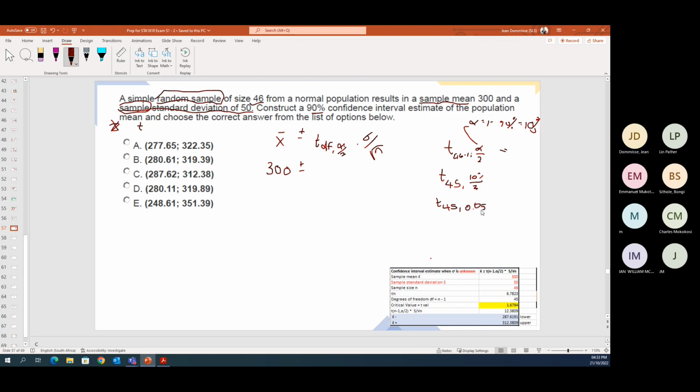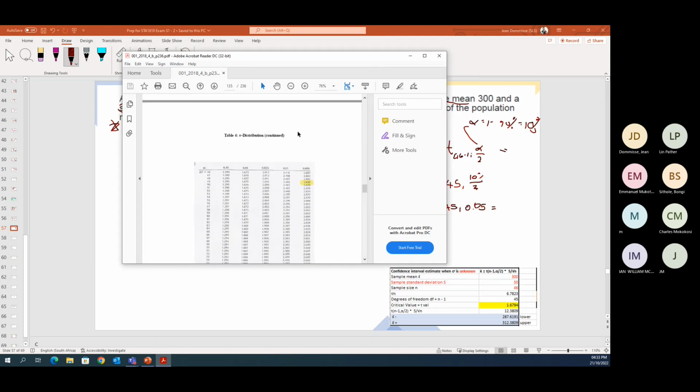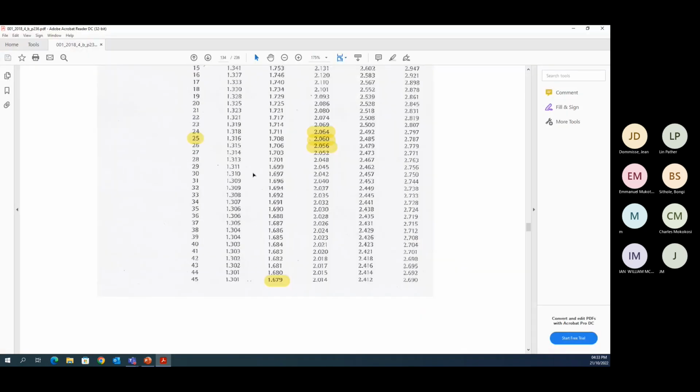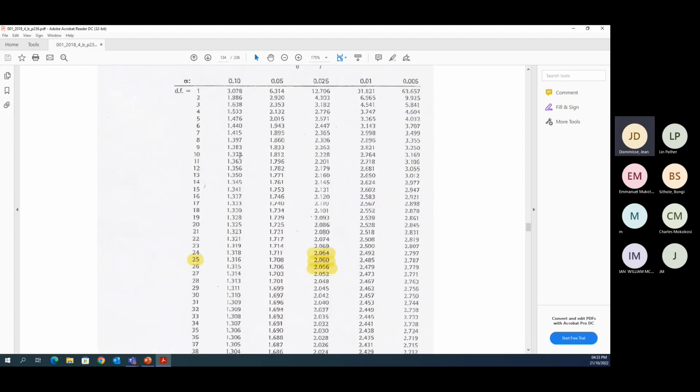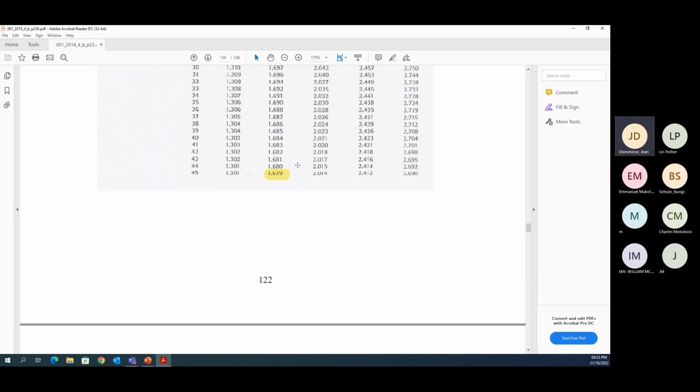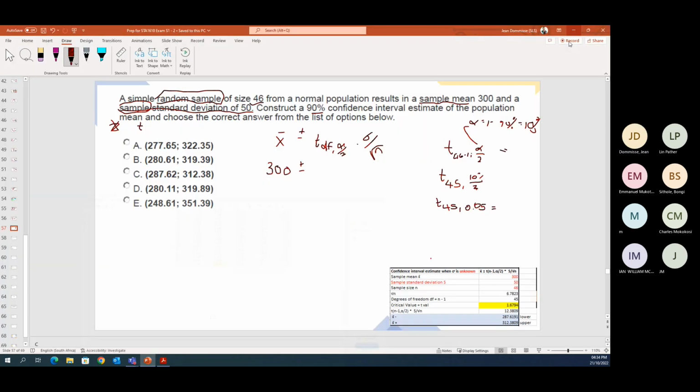So we will need to find that t value on the table. So we say T45, 0.05. Okay, then we get 1.679.